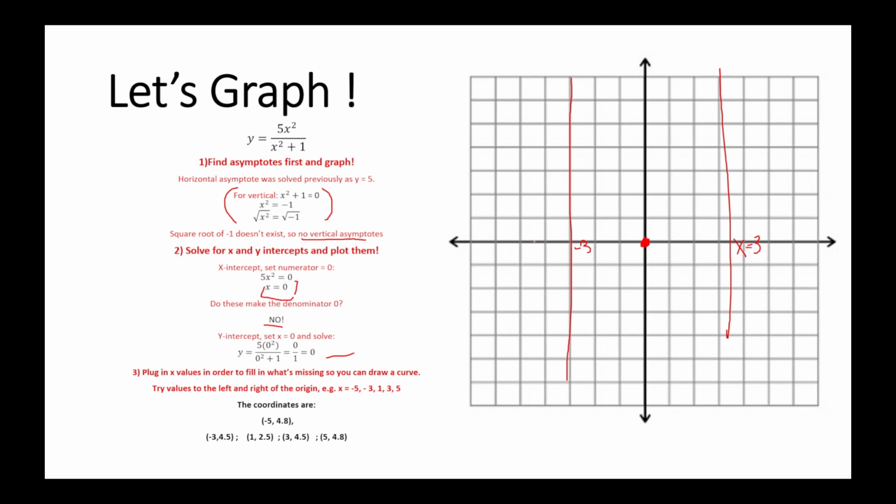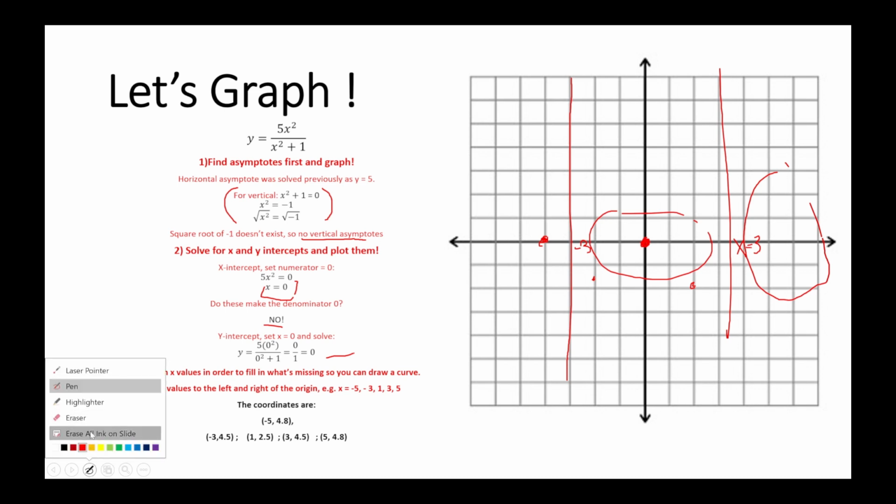I would want to plug in maybe x equals negative 4. I would want to make sure that I cover the section in the middle, so maybe I'd plug in negative 2 and positive 2. And then over here, I'd want to make sure that I get this section covered, so I would plug in something after 3. Whatever I plug in for x, I want to make sure that it's enough for me to draw a graph that makes sense.